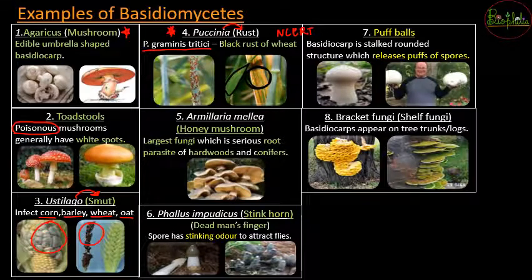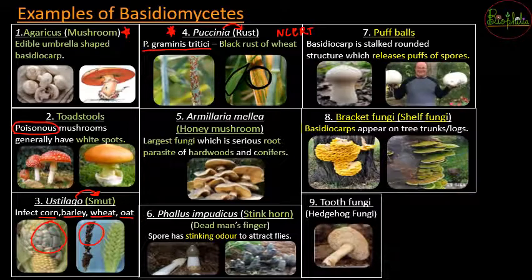Next is going to be the bracket fungi, or you call it shelf fungi. Again, their basidiocarps are arranged on trees and logs in such a way that they appear to have a bracket or a shelf on the tree. So they are called shelf fungi.